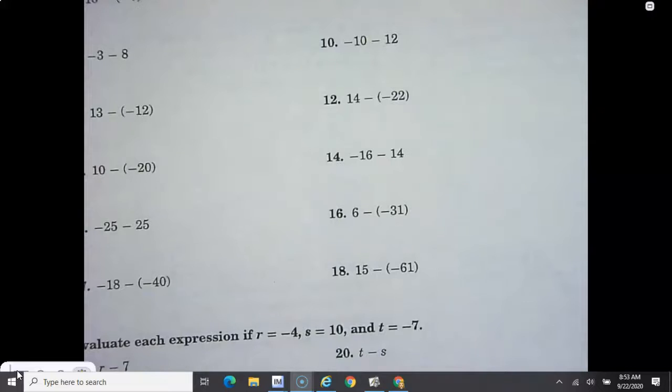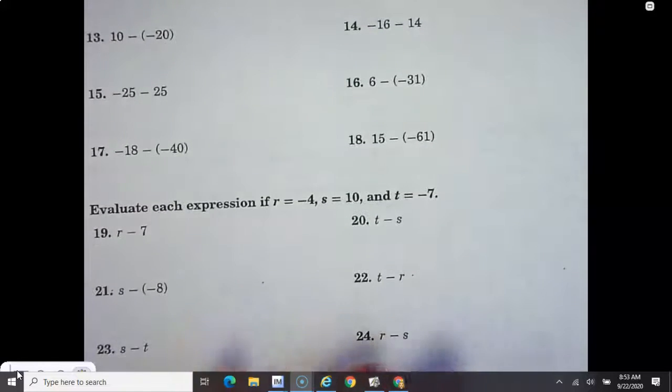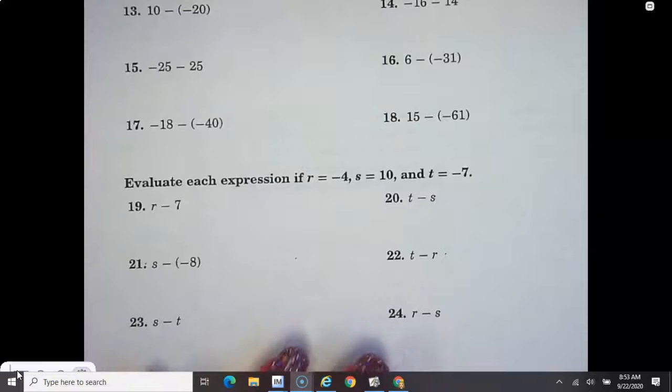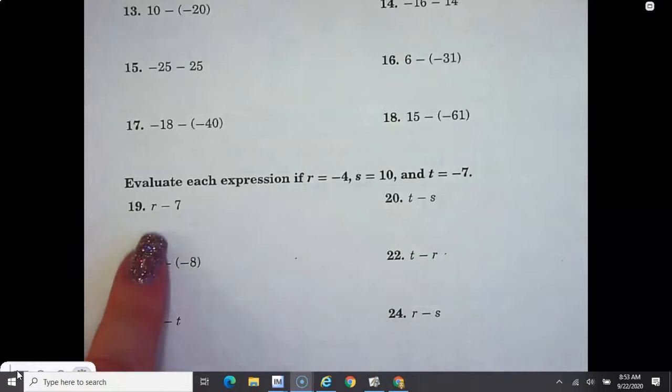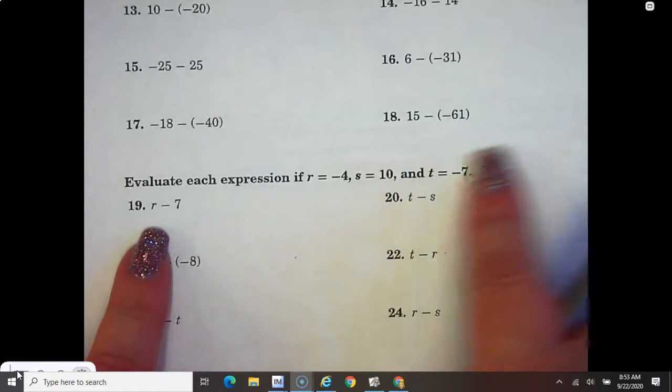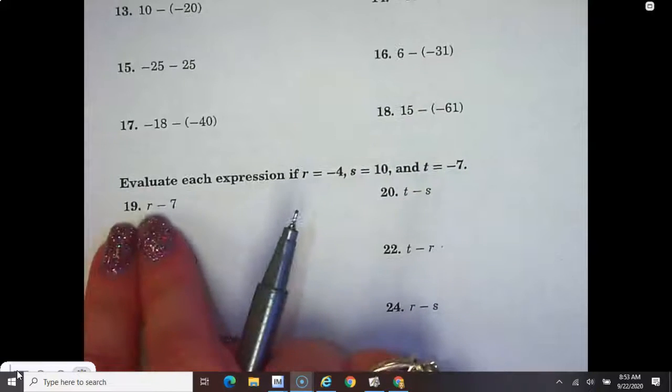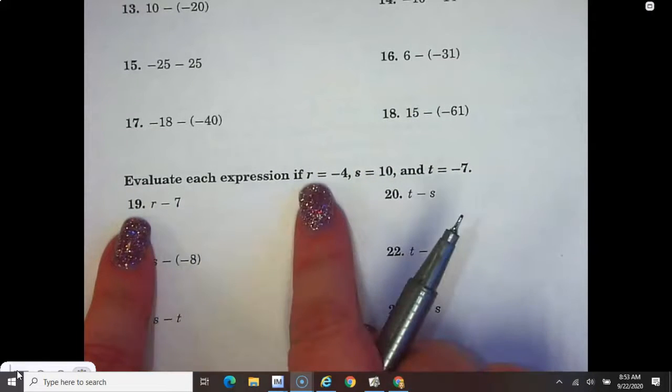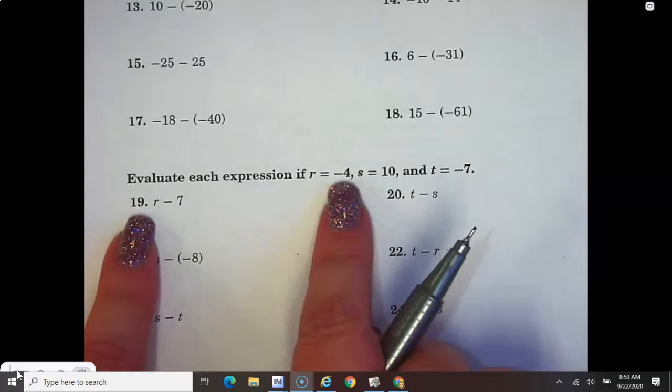Okay, let's go down to 19. Evaluate each expression if r equals negative 4, s equals 10, t equals negative 7. All right, so we've got some variables here. We're going to have to use substitution. r minus 7. And what does it tell us that r is?